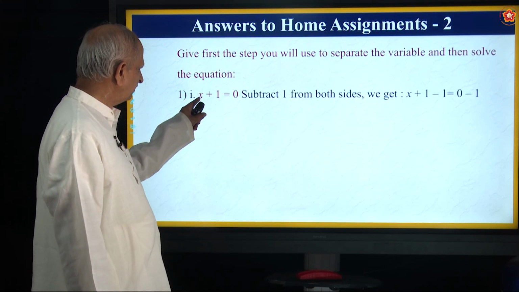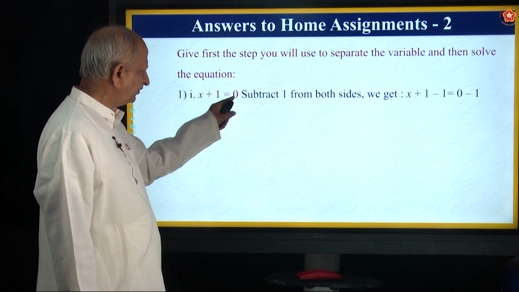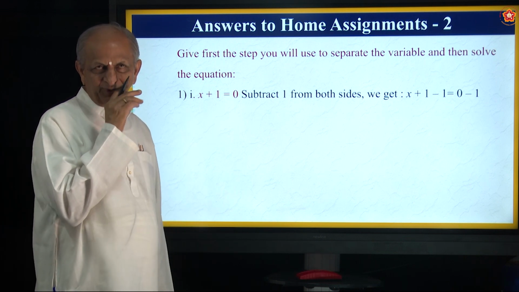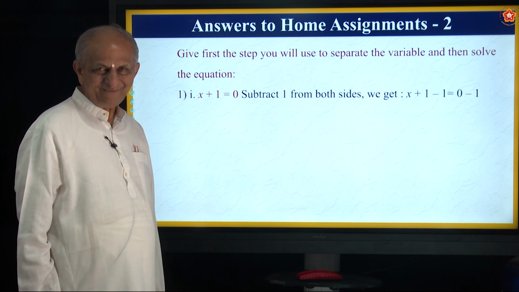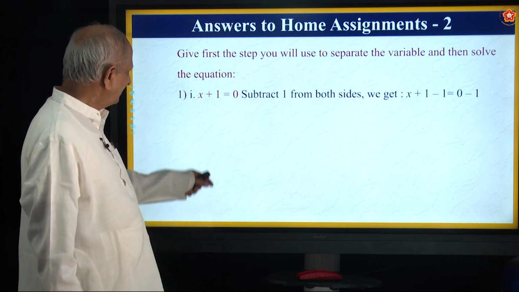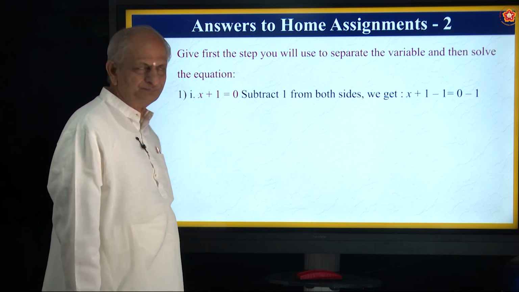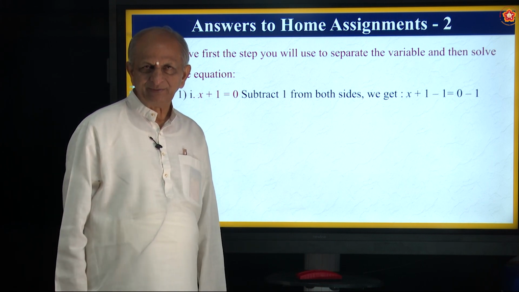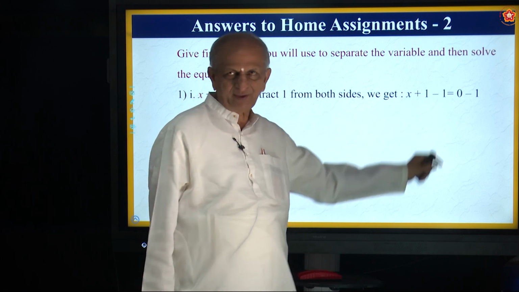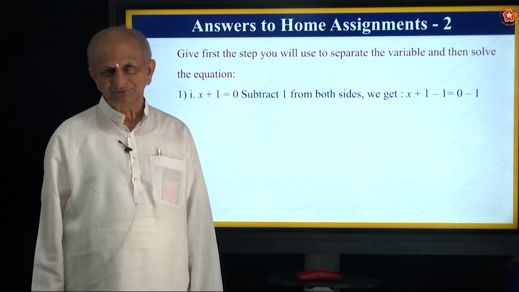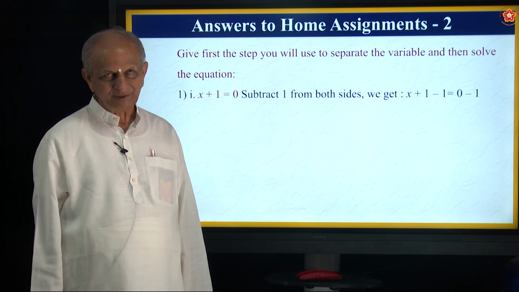So, here equation is given as x plus 1 equals 0. First you must know how to read it. You can read it, huh? Okay. Now, here plus 1 is there. So, what is the first step? When plus 1 is given, you must take minus 1, the inverse of that, correct?